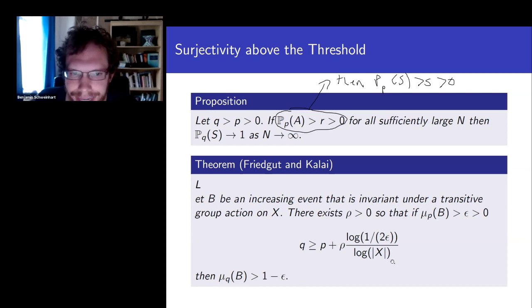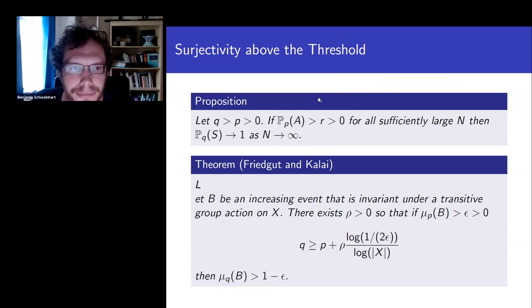So this is a general threshold result for increasing events that are invariant under transitive group action. So this theorem will imply our proposition about having a basis of giant cycles once we have the spinning lemma, which I just told you about. So those are our 3 elements of symmetry.